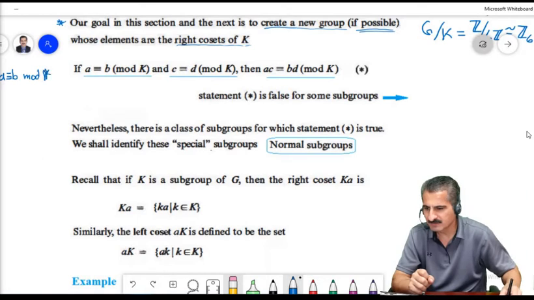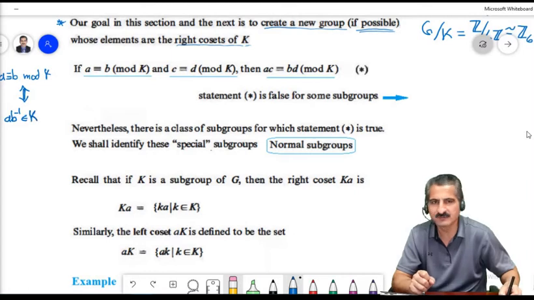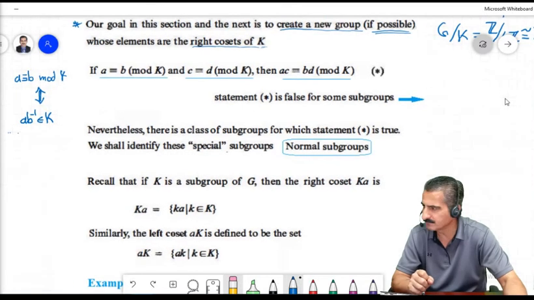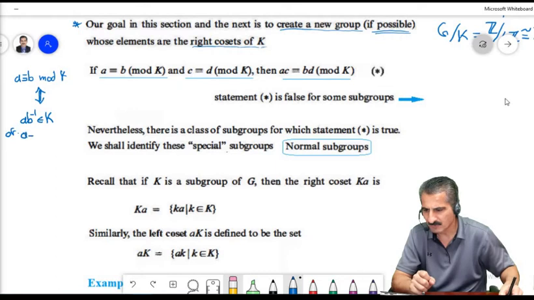So the definition says this is true if and only if a b inverse belongs to K. This is in the case the operation is multiplication, and in the case the operation is addition, we will write a minus b belongs to K.